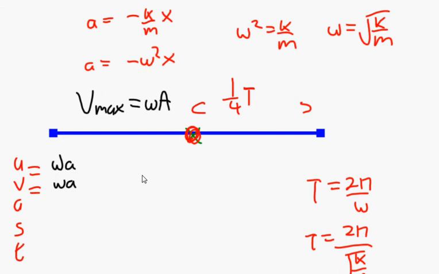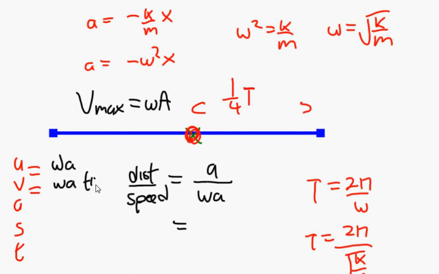So actually, it's just going to be a distance over time question, isn't it? What's the distance we have to cover? It is a. How fast are we doing it? We're doing it by omega a, aren't we? So Vmax equals omega a, where the amplitude is small a. The time is distance over speed.